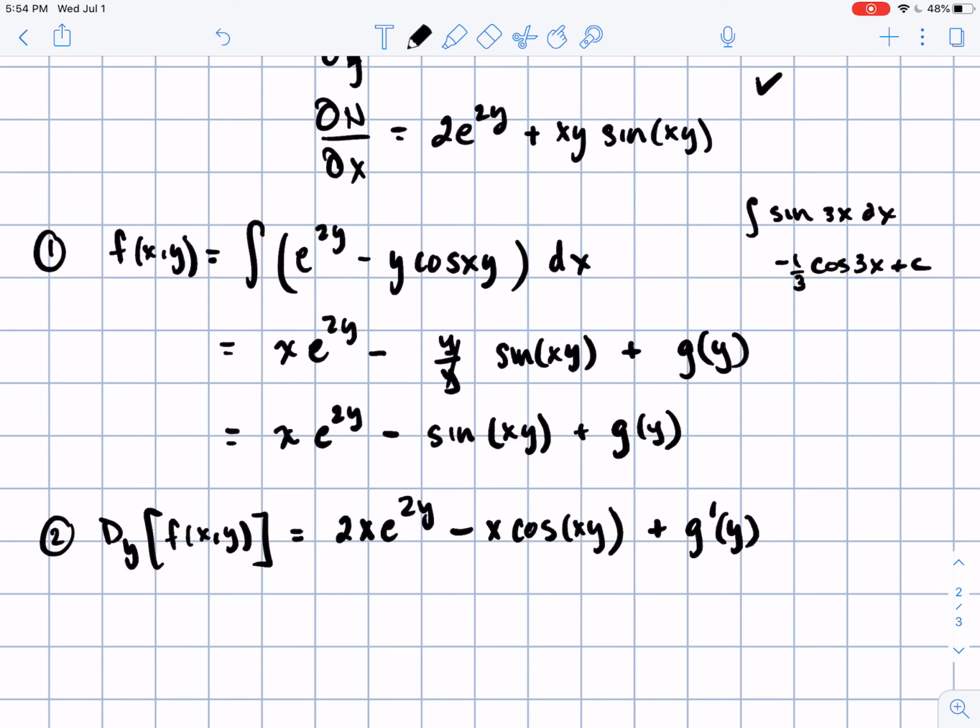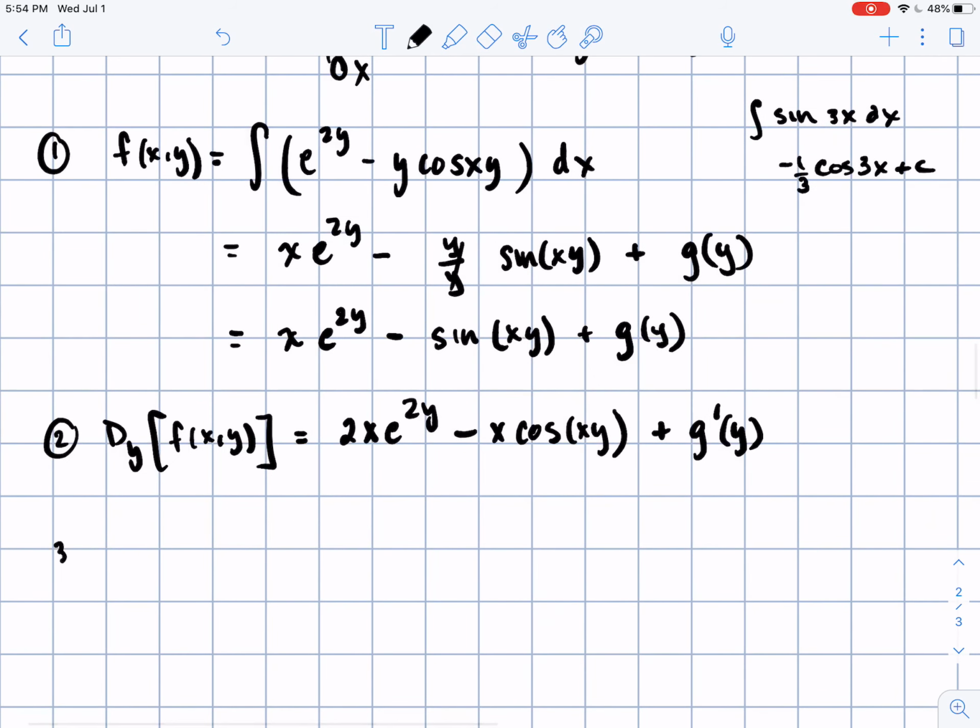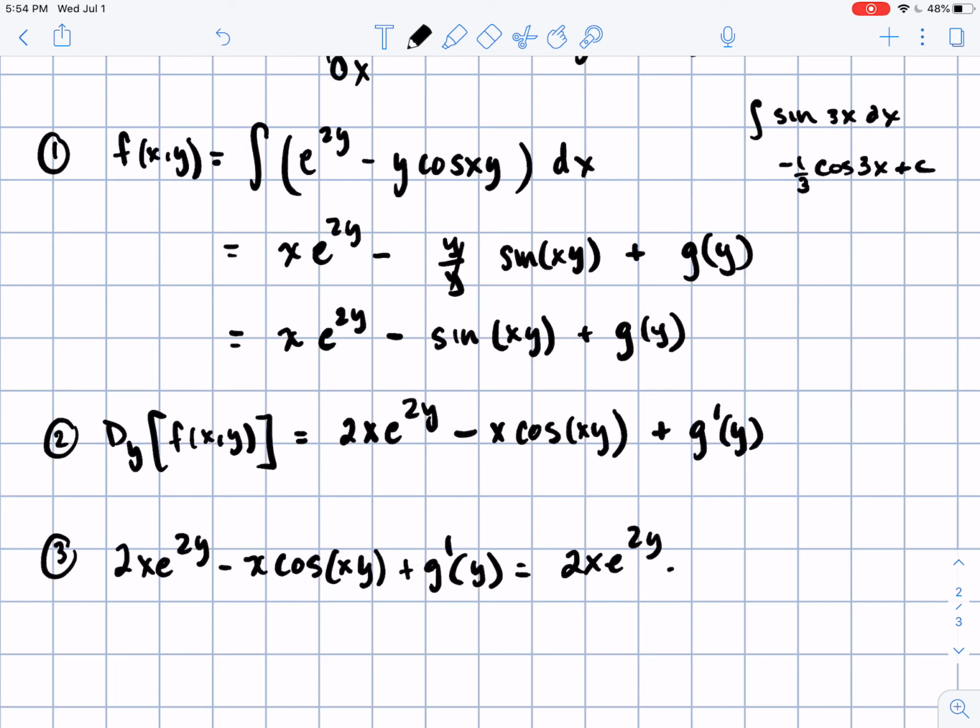Okay. Third step, we're going to set what we got equal to what we didn't use yet. That second portion of our equation, that second term, which in this one was the 2x e^(2y) minus x cosine xy, and then plus 2y.